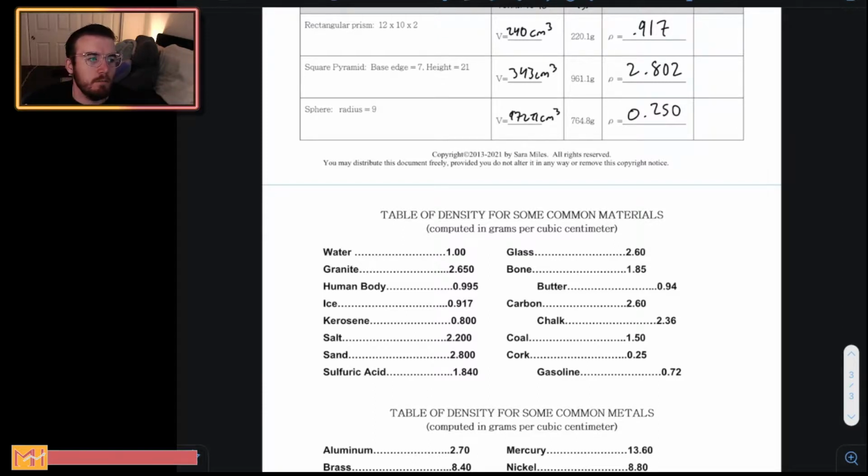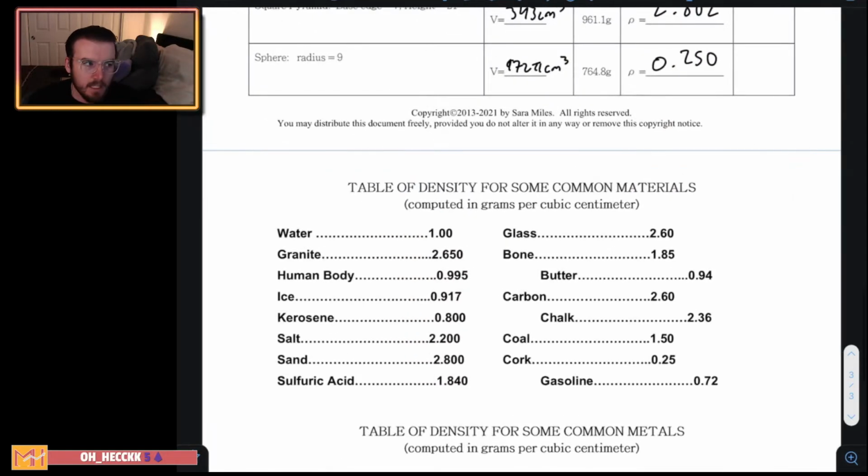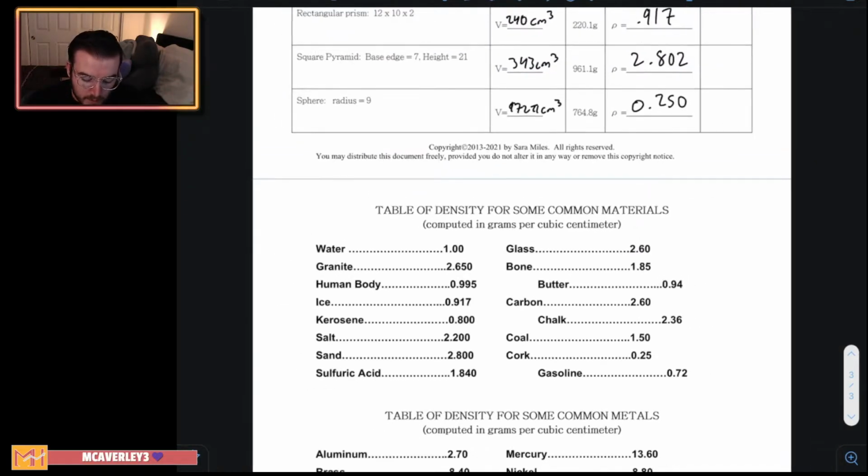If you grab salt or sand or cork or chalk, no matter what chalk you buy, no matter what cork inside of a wine bottle, no matter what salt you buy, it has a unique density. Now, obviously, you could alter it somehow by performing some sort of manipulation. But at its core, just plain old salt has a specific density.